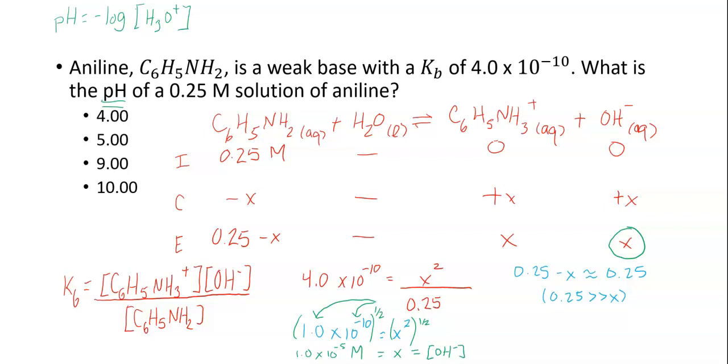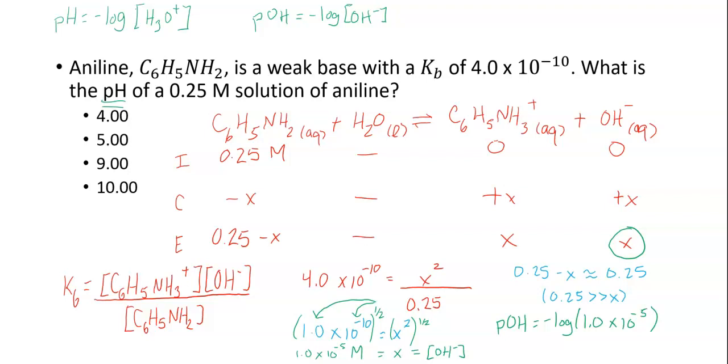Now, in my opinion, the easiest way to do this would be to calculate the pOH, which is equal to the negative log of the OH- concentration. So the pOH is equal to the negative log of 1.0 times 10 to the negative fifth.